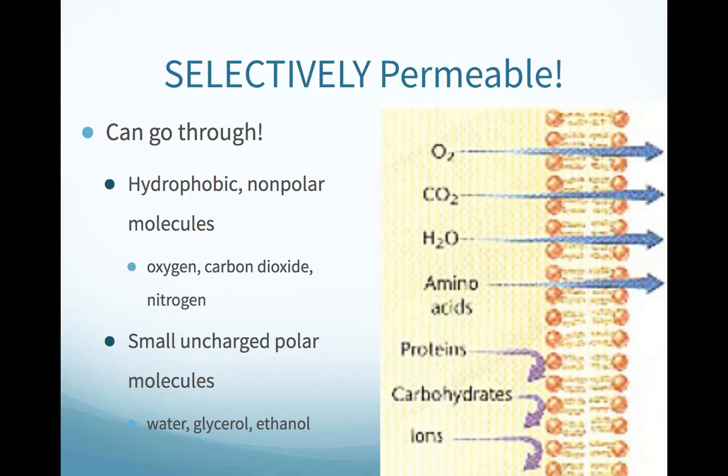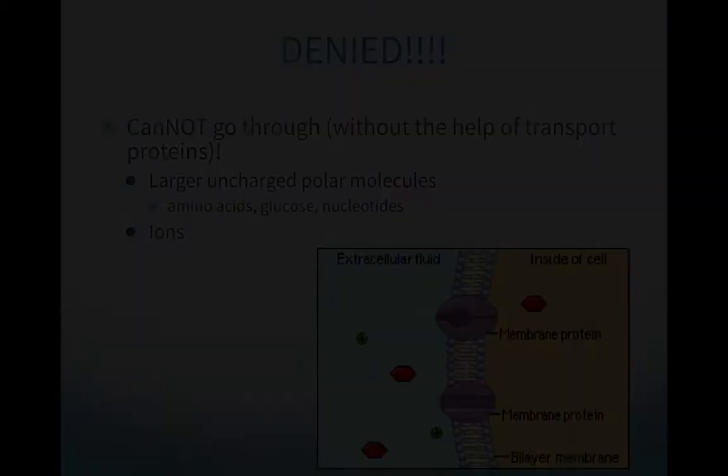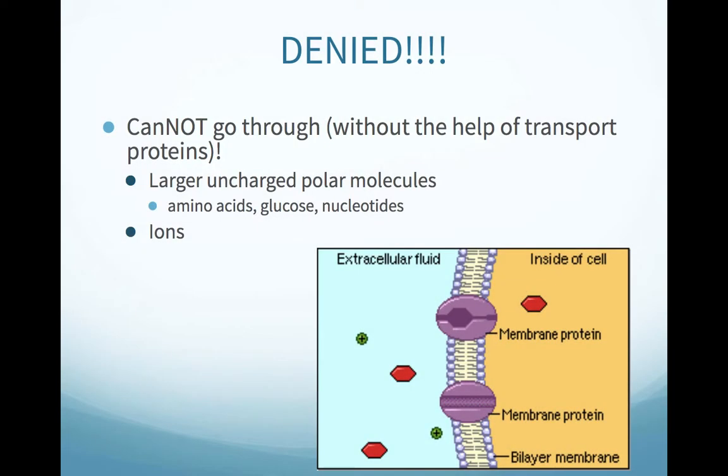Think of those as like the things in the air that can go through the screens in your windows, whereas there are certain things, like bigger things generally, that cannot go through that screen. Those things get denied without extra help.